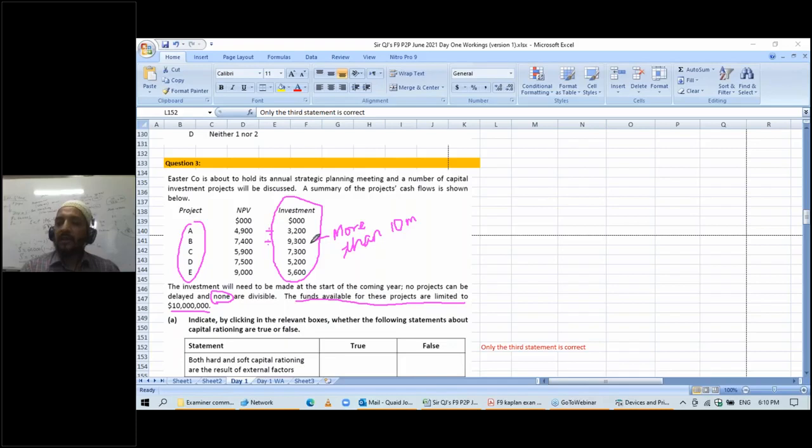The project that gives you the highest NPV per dollar of your investment will be the best one, right? So you can make an order like when you were doing the questions with labor shortages. What you did over there, you calculated contribution per hour, and you selected the proposals with highest contribution per hour, right? And ranked them as first.